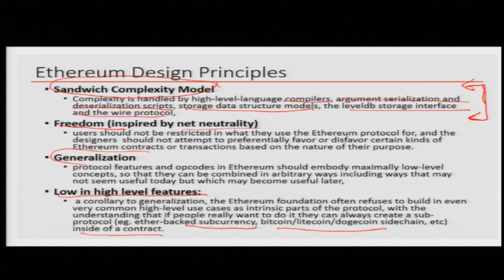It's generalizable, and generalizability is probably core to this freedom, because all opcode semantics are very low level concept based and not high level, and therefore, as a corollary, it's low in high level features. So remember these high level design principles that drove the creation and the architecture of Ethereum.